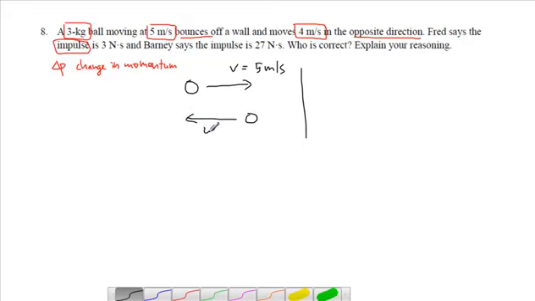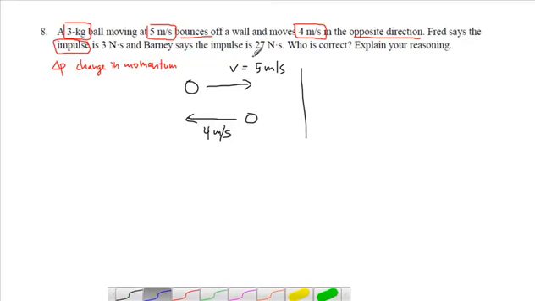What just happened here? Let's talk about the momentum going to the right and the momentum going to the left. One thing you need to keep in mind is that the velocities are going in opposite directions.